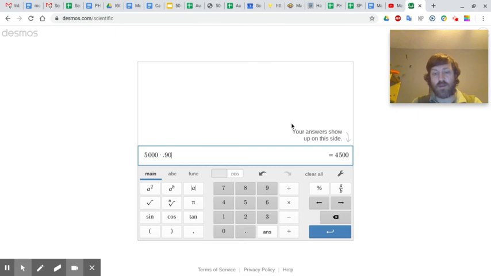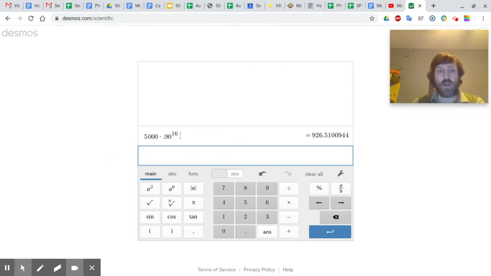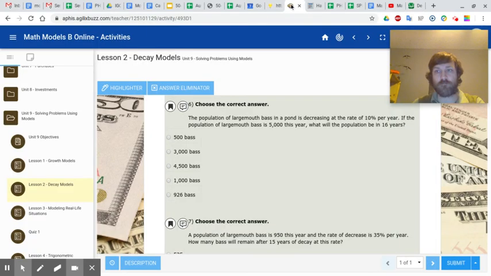And we want to do that 16 times. Okay? So we're going to do that raised to the 16th power. And when we do that, so notice we did the initial amount times the percentage remaining and raised to the power of the number of years. And so it's 926. And there's our answer right there.